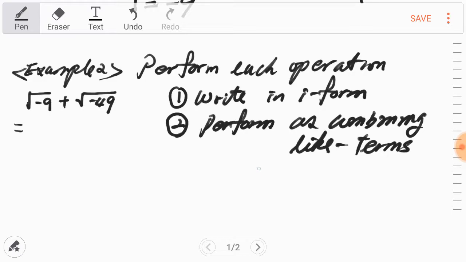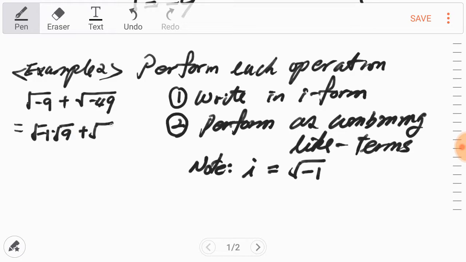Make sure that i is equivalent to the square root of negative 1. So the square root of negative 9 is the square root of negative 1, which becomes an i, times the square root of 9, plus the square root of negative 1 times the square root of 49. The square root of 9 is 3 squared, so it becomes 3, and the square root of negative 1 becomes i.